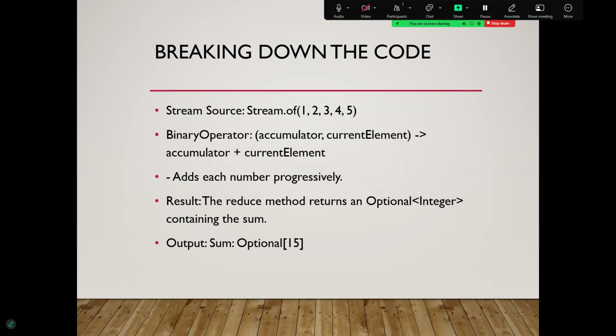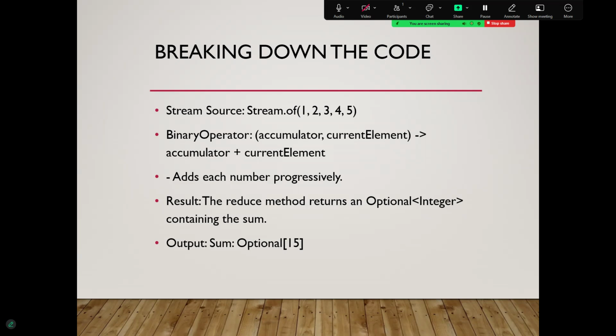Let's break down the code. Stream source: Stream.of(1, 2, 3, 4, 5). Binary operator is accumulator and current element, and we use a lambda: accumulator plus current element. So it adds each number progressively. The reduce method returns an Optional<Integer> containing the sum.